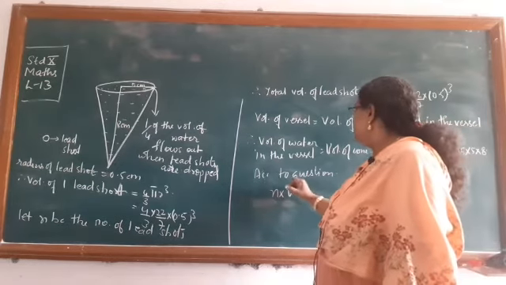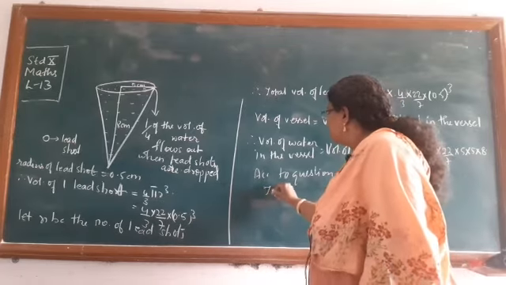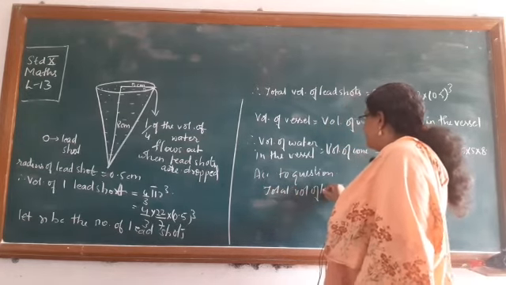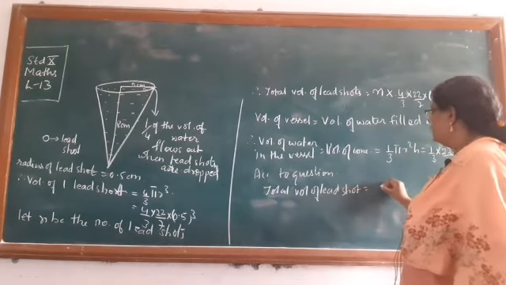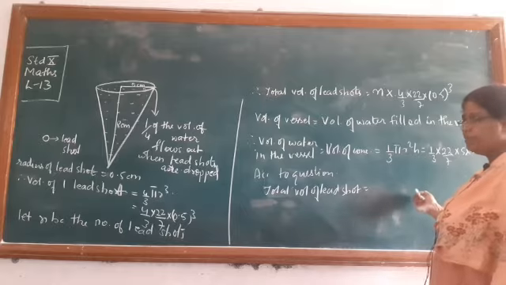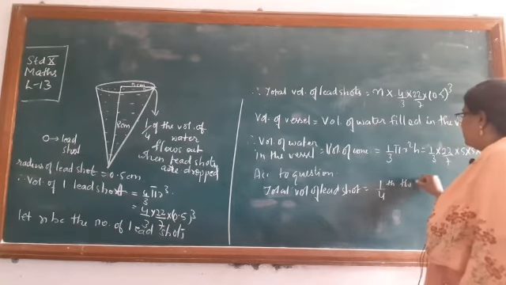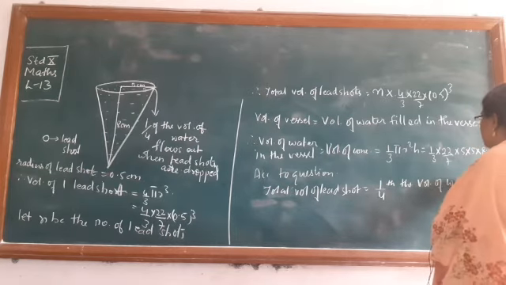So n into, or we can write total volume of lead shot, it is equal to the volume of the water displaced, and that is 1/4 the volume of water.